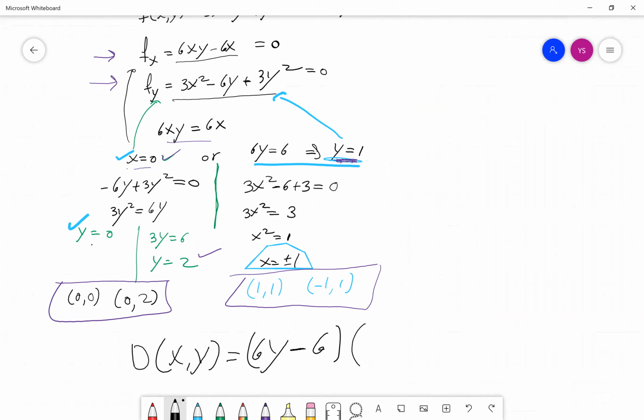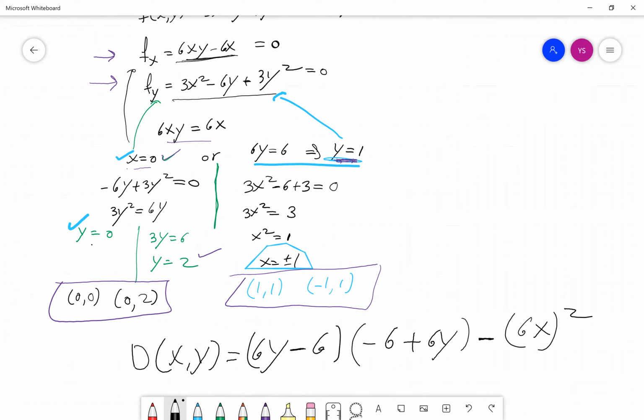And that's going to be negative 6 plus 6y minus the partial of this with respect to y squared. So that is 6x squared. Any questions? Looks good.